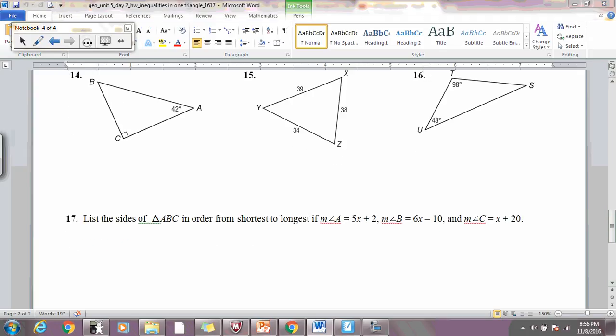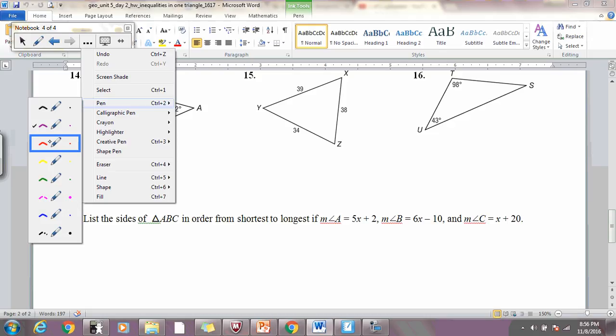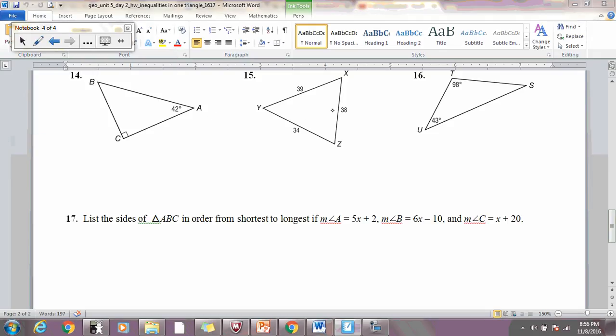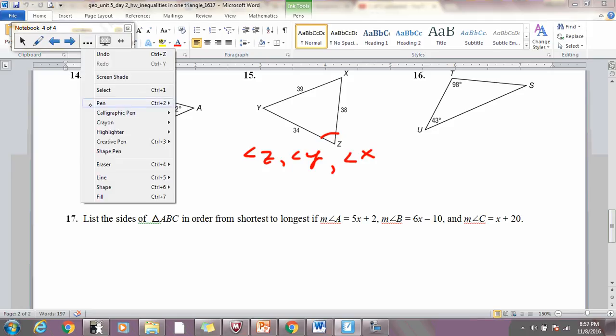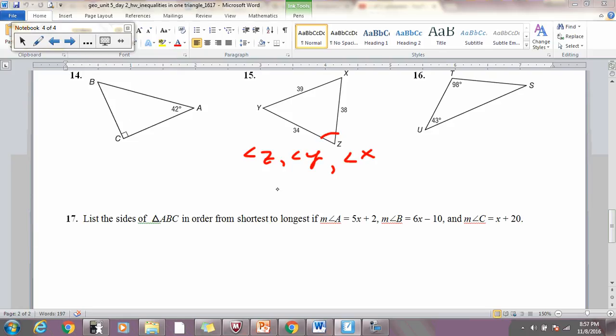Number 15, largest angle would be angle Z, followed by angle Y, and then angle X. Longest side is XY. Next, XZ, and then ZY.